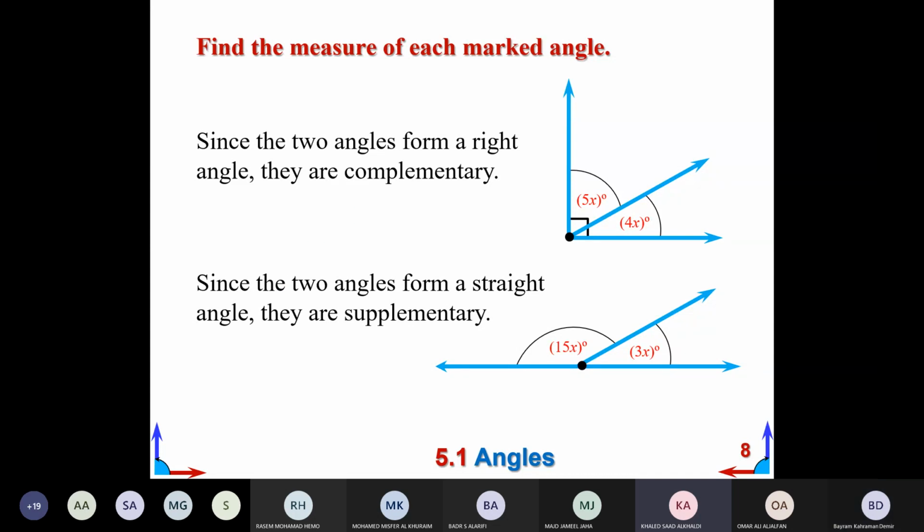Then we multiply 10 by 5 to find the first angle, and 10 by 4 to find the second angle. So in the first picture, x is 10 degrees. It is so simple, right? How about the second picture? Same method, but it equals 180. Also 10, right?